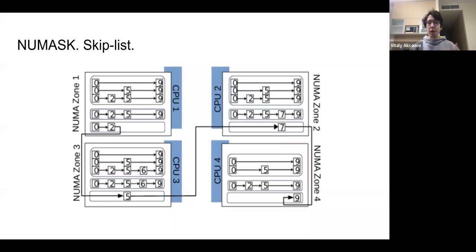For example, suppose we want to find 7 at NUMA node 1. We go by 0, by 2, and by 5, and we see the intermediate layer has from 5 to 9. So I know that 7 should be somewhere to the right, but I don't know exactly where. I go to the 5th node here, and I know the position of the 5th node in the global data layer.